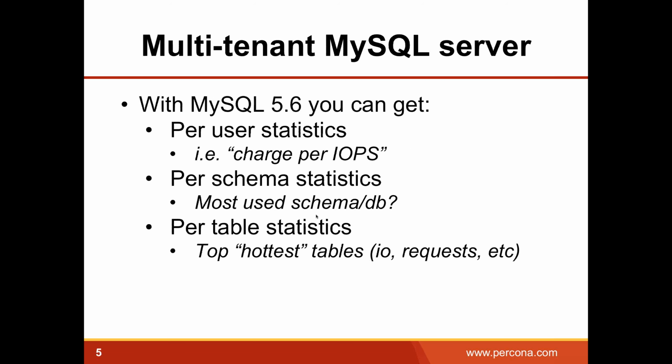For example, if you are running a multi-tenant MySQL server, what you are interested in is per user statistics, per schema statistics, and per table statistics. And this is possible with the new MySQL 5.6 Performance Schema. For example, if you are hosting MySQL for multiple customers, like a cloud provider or a hosting provider, you may want to get per user statistics and charge per each I/O operation like Amazon does.